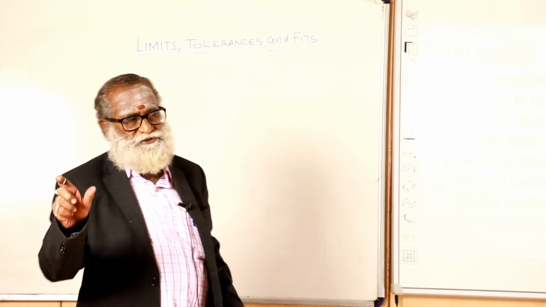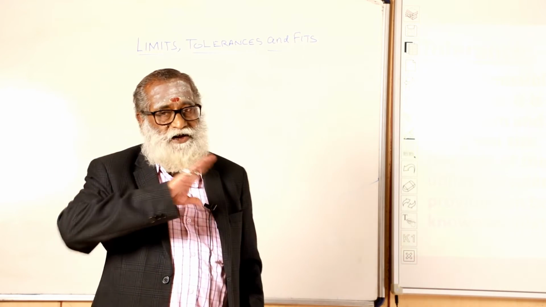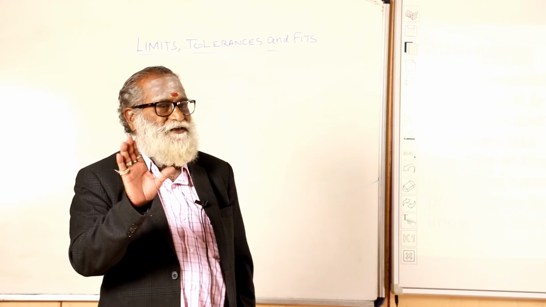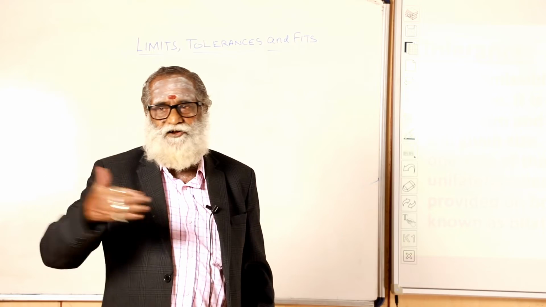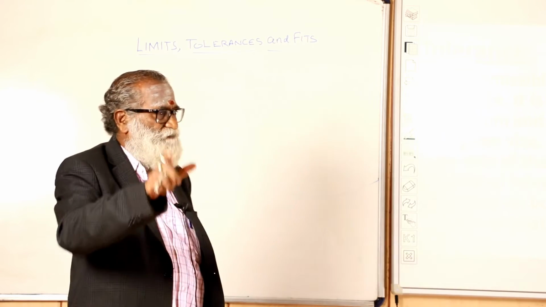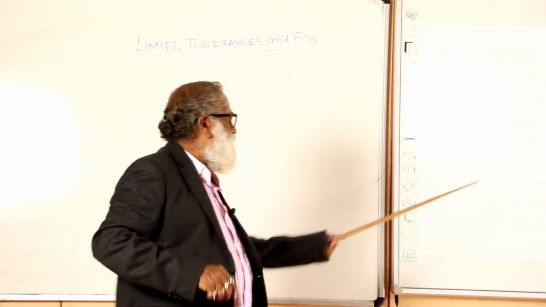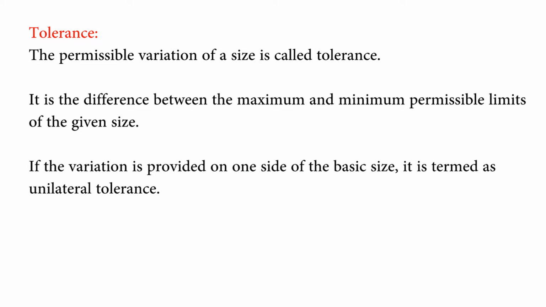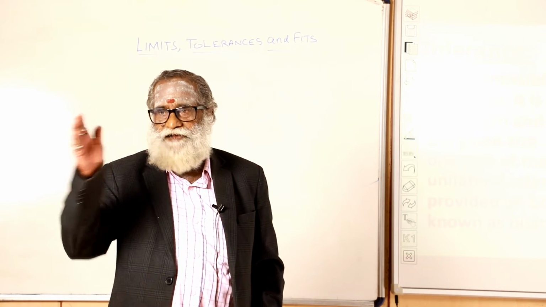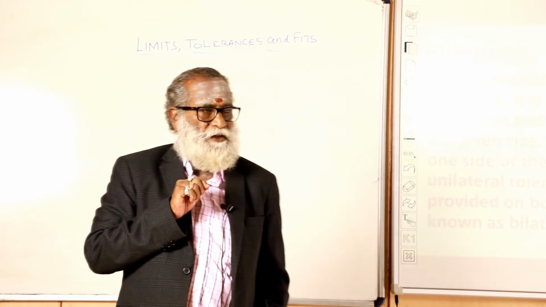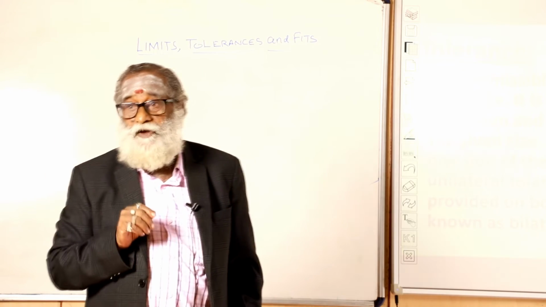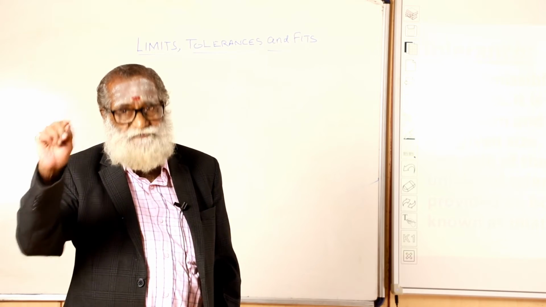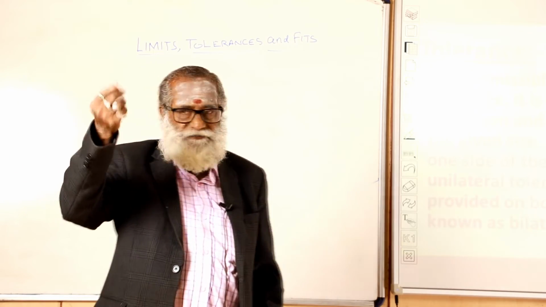The given size is the basic size. Design size is different, do not confuse them. Basic size is 50 mm, for example. Design size is different, that we will see in later classes. So, the basic size of 50 mm is the given size, and the variation is provided on one side of the basic size. Suppose I have given 0.05, a plus value, it is the upper deviation.